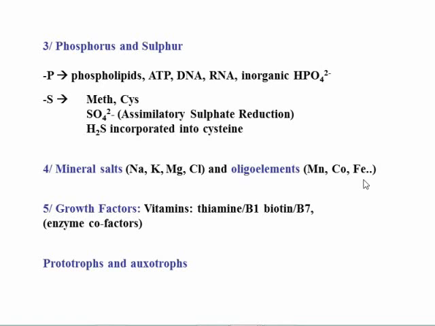Now imagine you inoculate your bacterium into this medium. It doesn't grow. But you add in thiamine and biotin, then it grows. So it means it's prototroph for all the amino acids, purine and pyrimidine bases, but it's auxotrophic for these ones.